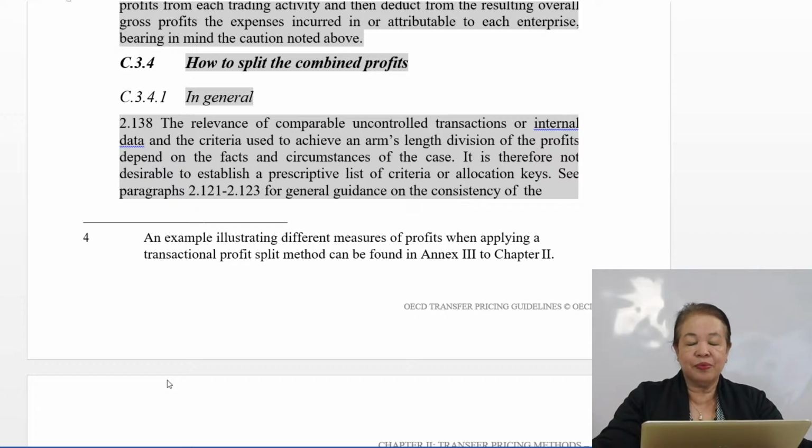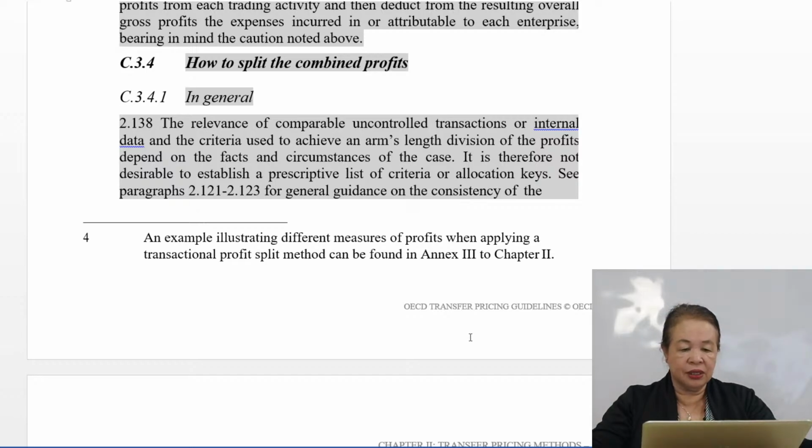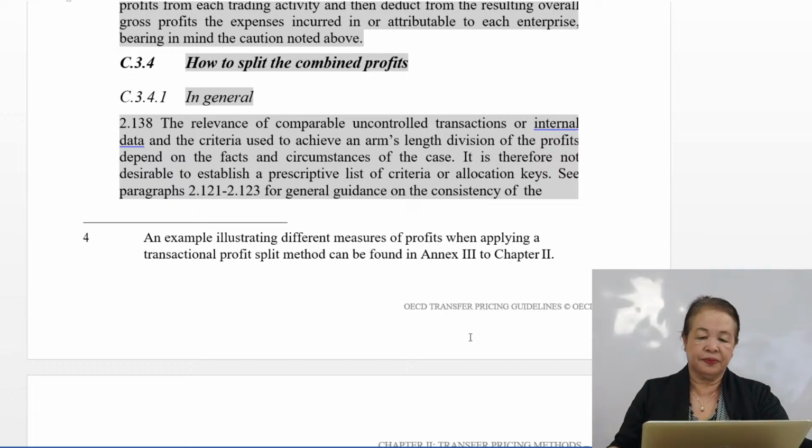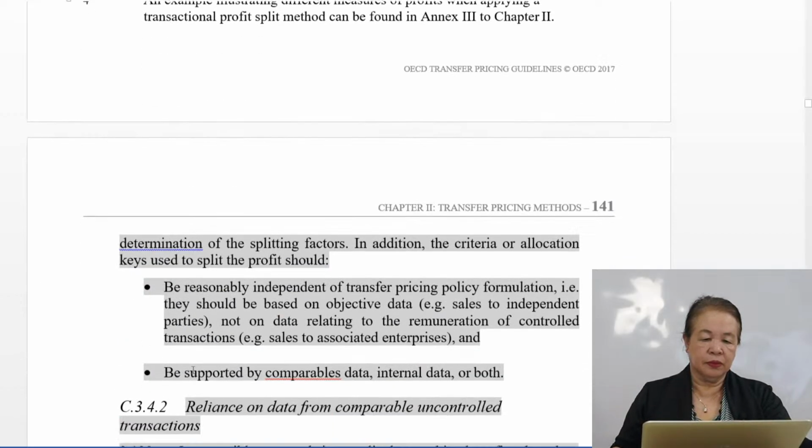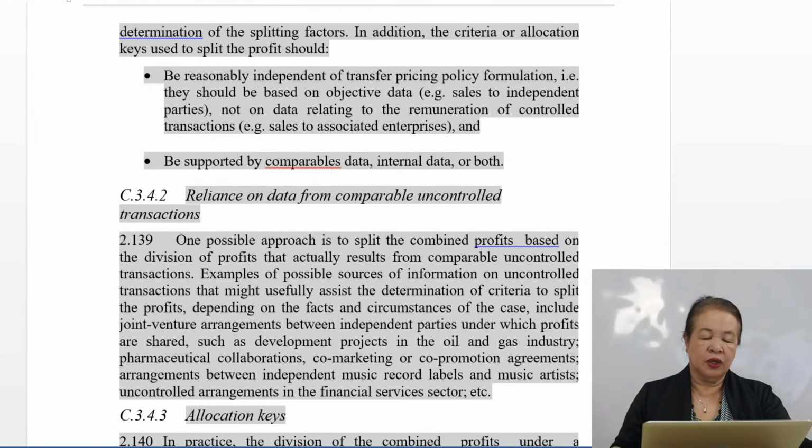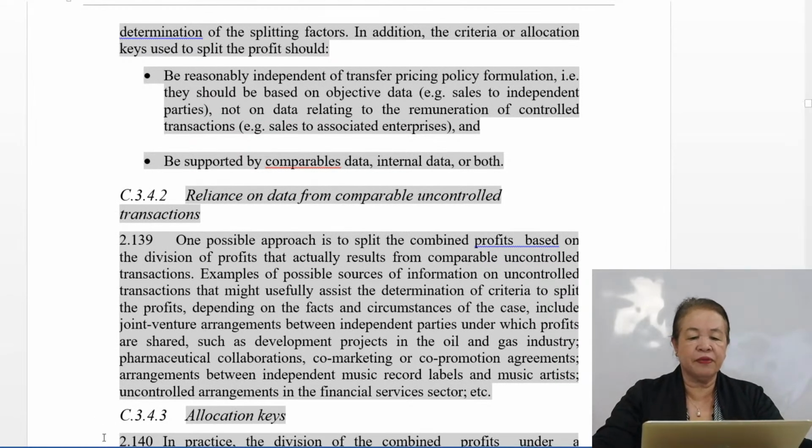So, walang prescription on the list of criteria that will be used in allocating the profits. No? So, see paragraph 2.121 to 2.123 for general guidance on the consistency of the determination of the splitting factors.